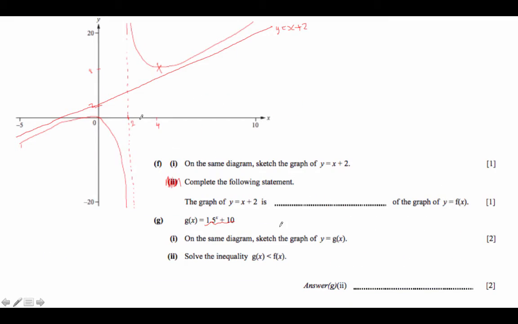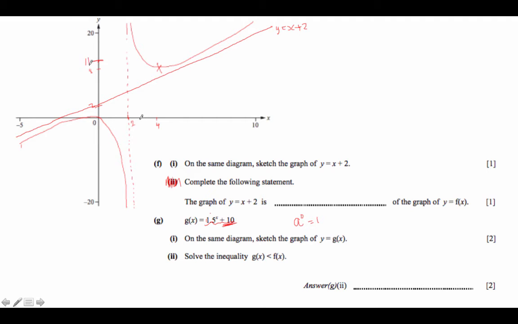So you might remember from your work on exponential functions, well, at the y-axis, the power of x is 0. So if you have anything to the power of 0, it's going to cross at 1. So if it was just 1.5 to the power of x, it would cross at 1. But then we're adding 10, which means it's going to cross at 11.